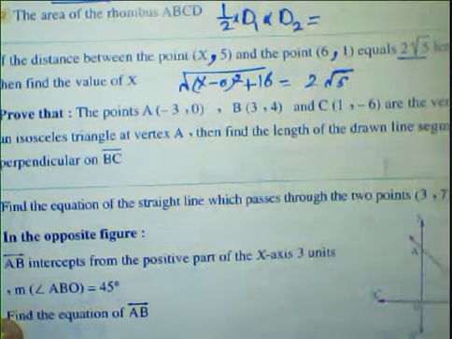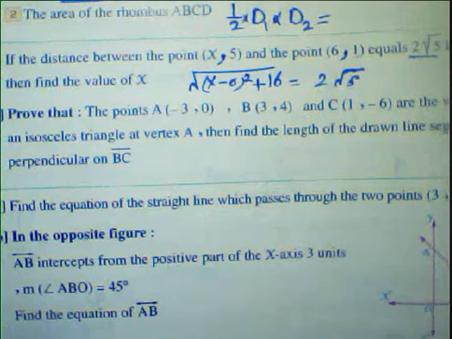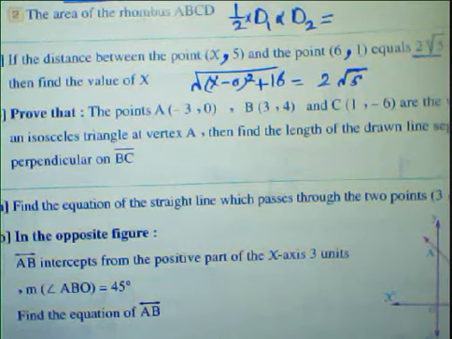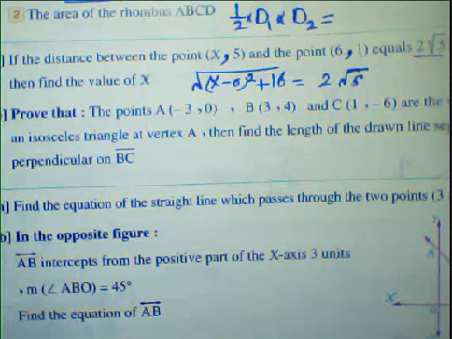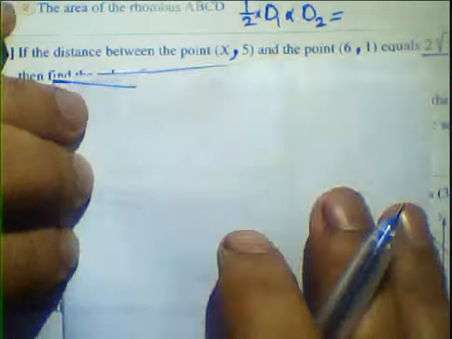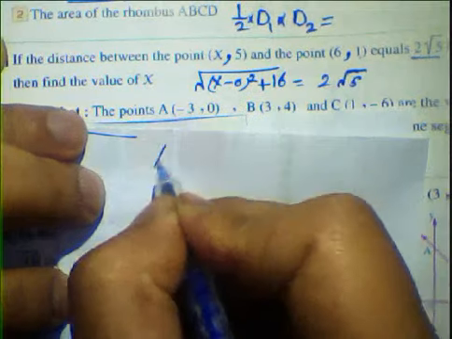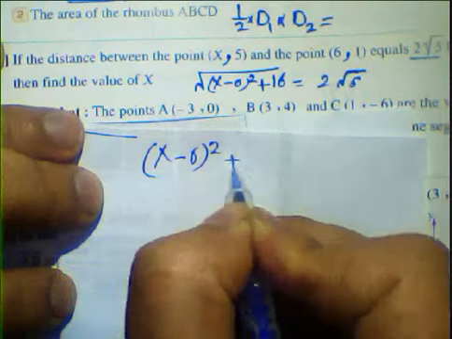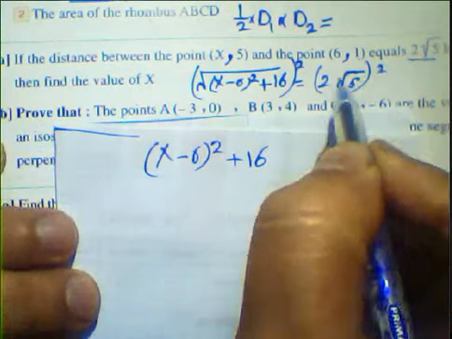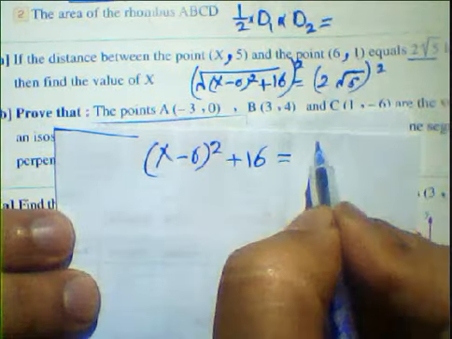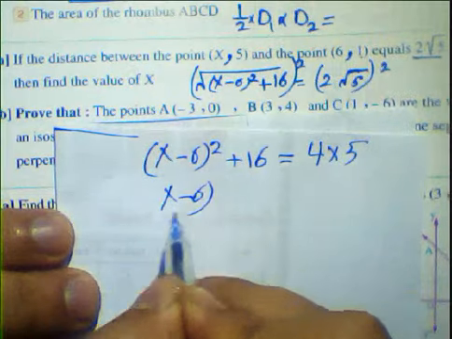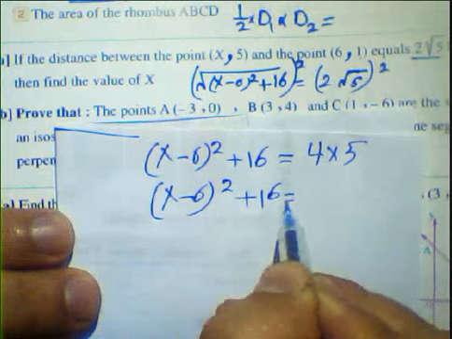We can cancel the root by putting power 2 on the left-hand side and the right-hand side. We cancel the power here. The result will be (x minus 6) power 2 plus 16, because we put power 2 on both sides. 2 power 2 equals 4, multiplied by root 5 power 2 equals 5, then (x minus 6) power 2 plus 16 equals 20.